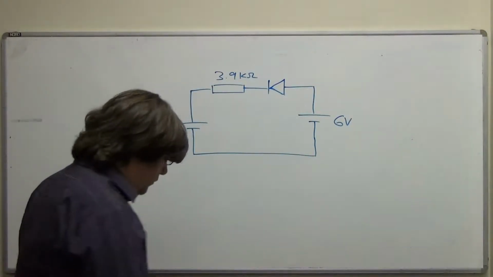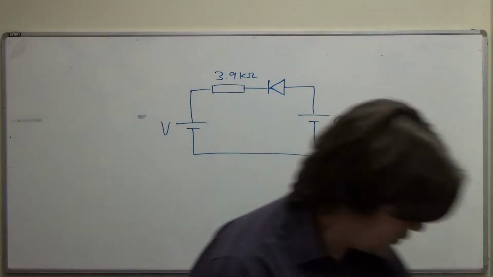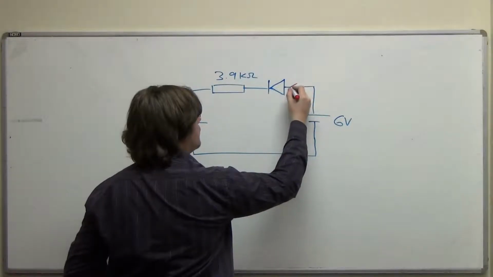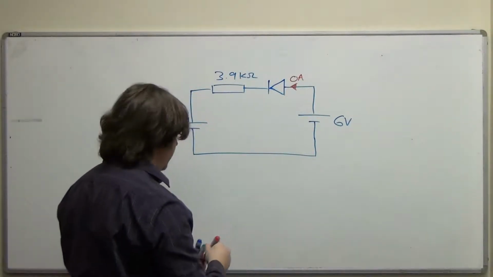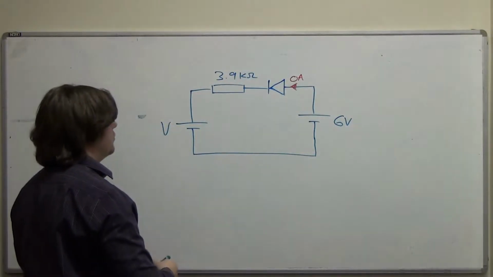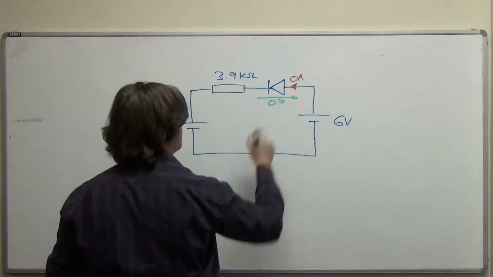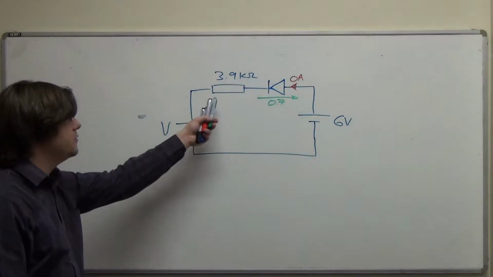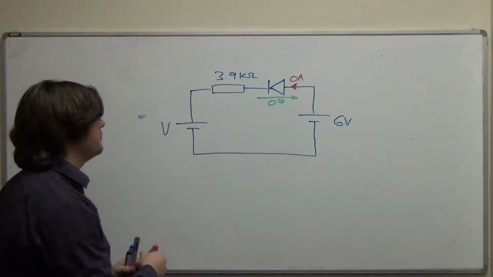Alrighty, well, the same technique applies. We know whatever happens, the current here must be 0 amps, and we know that the voltage across the diode must be 0.7 volts. So we can say something about the resistor immediately because we can apply Ohm's law, and there's still only one loop.